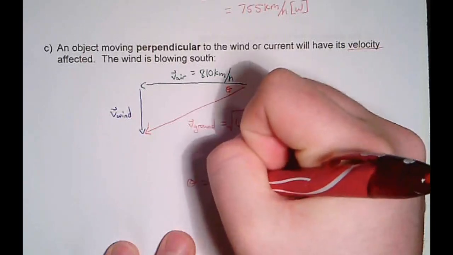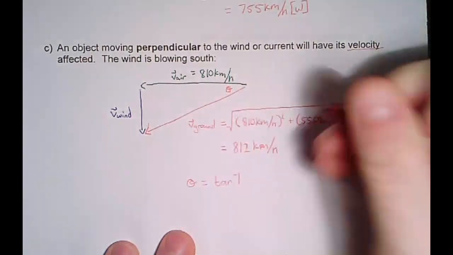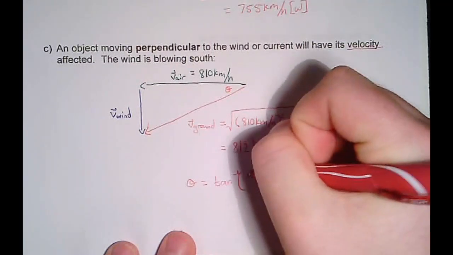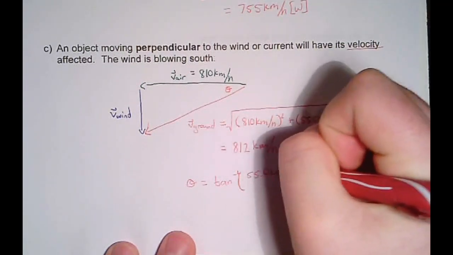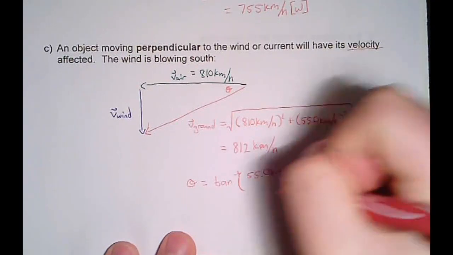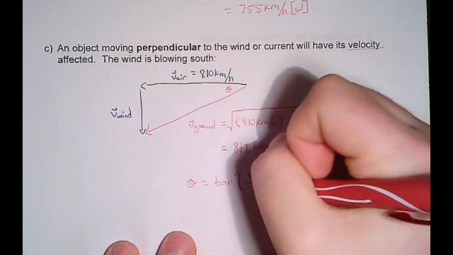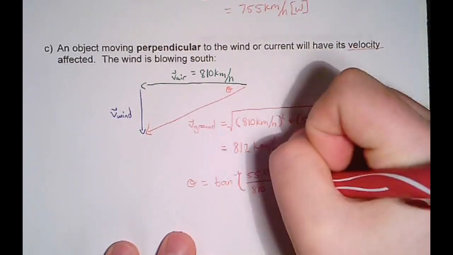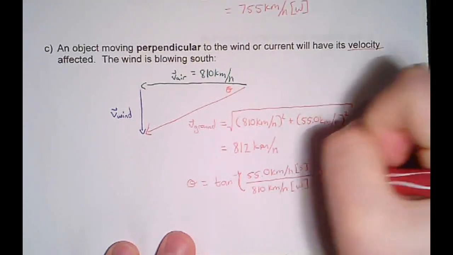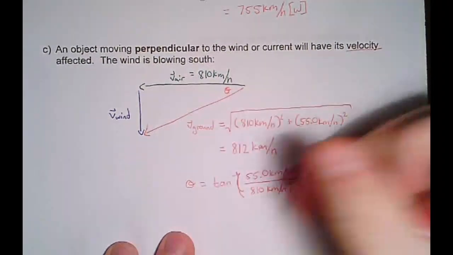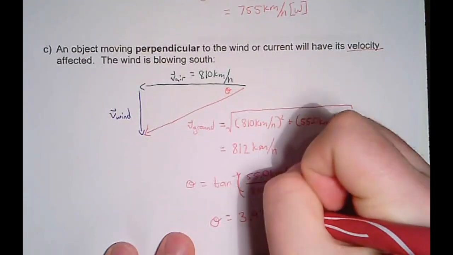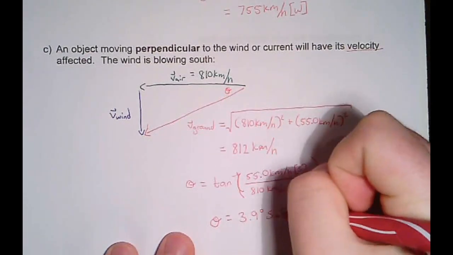So the angle is equal to the inverse tan of the opposite 55.0 kilometers per hour south divided by the adjacent 810 kilometers per hour west. So our resulting angle is 3.9 degrees south of west.